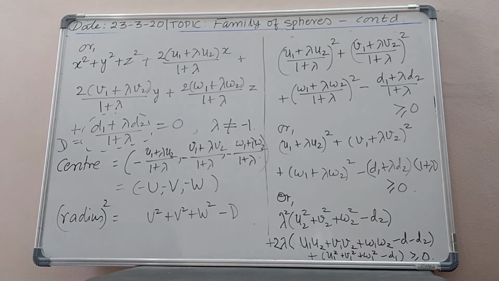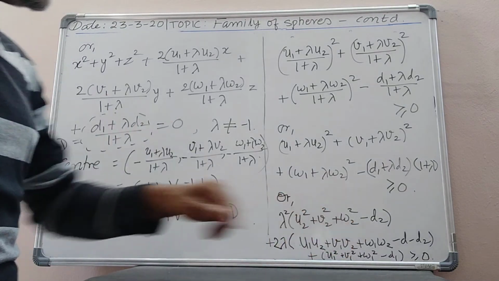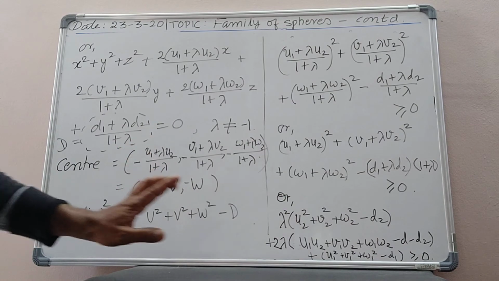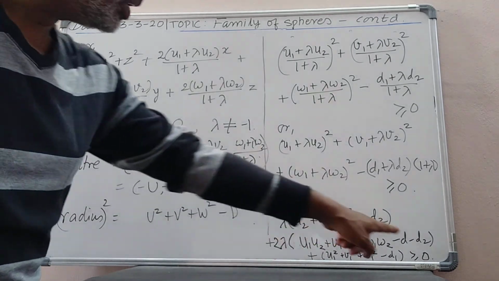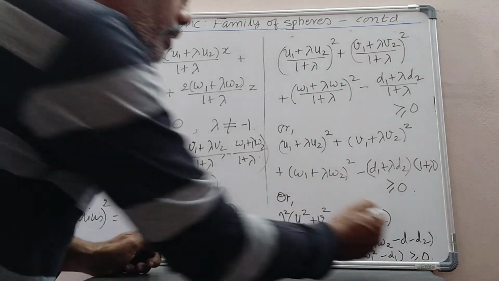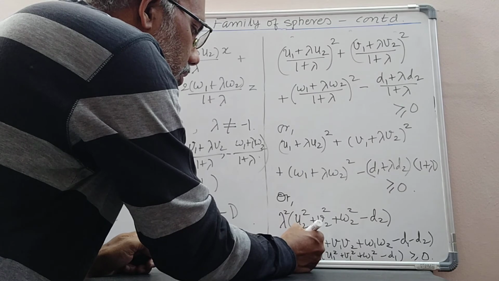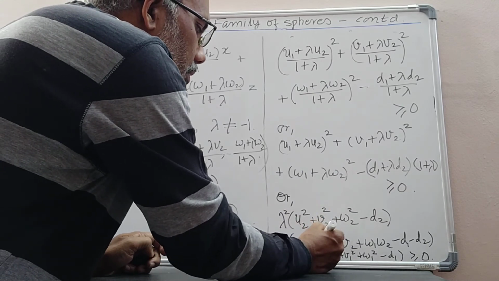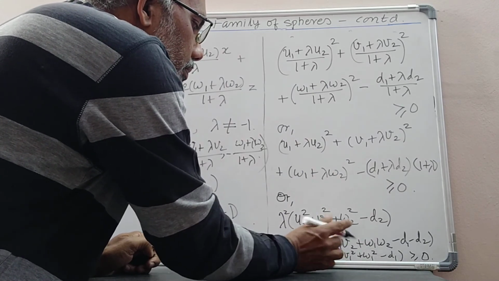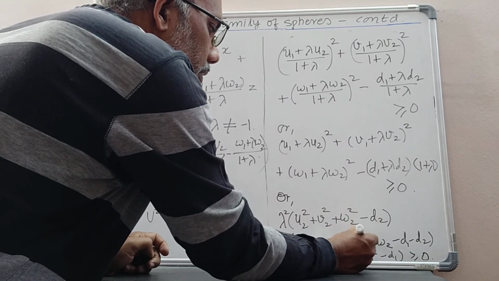I was telling you that there's something interesting about the coefficient over here. Let me make a correction. I noticed that this 2 is not there with d1 and d2. The 2 is with this term, with this term, and with this term.